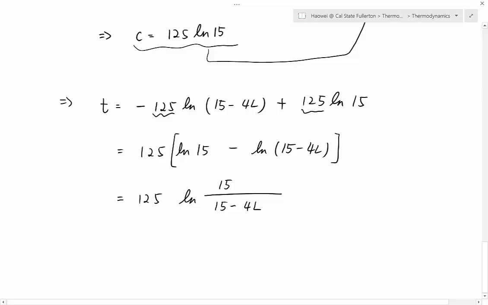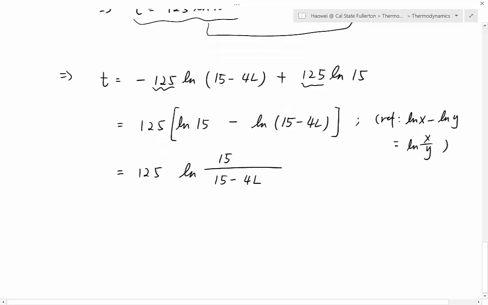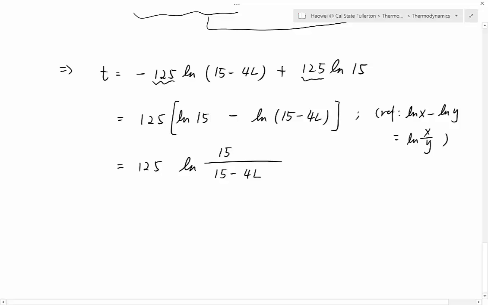The reference is, just in case you don't know, natural log x minus natural log y is equal to natural log x over y. Okay, just in case you don't remember that. Okay, so now that's our left hand side, t.